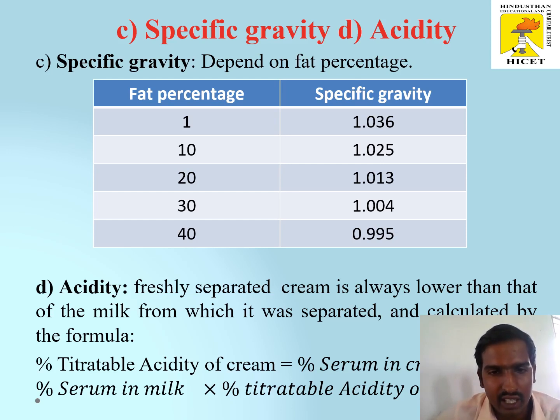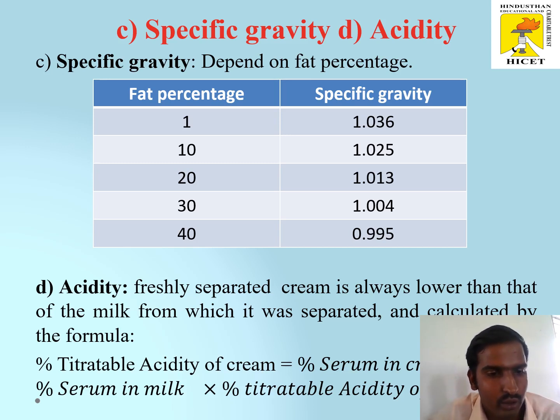Acidity: the acidity of freshly separated cream is always lower than that of the milk from which it was separated, and it is calculated by a formula. Usually the milk is nearly at neutral acidity level, meaning the pH of the milk is 6.5 to 6.7, and milk comes under the category of low acidity products.